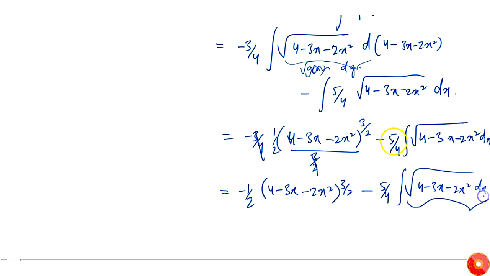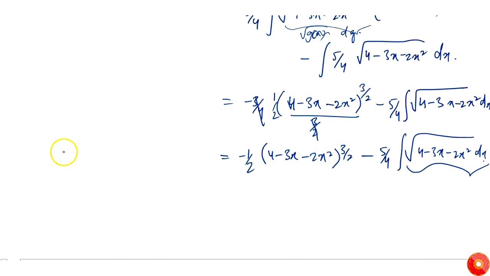Integration of this part I will do separately, which will be equal to integration of square root of 4 minus, so this thing I will write as 2x square plus 2 into 3 into root 2x, so square root of this will be root 2x by 2 root 2, plus 3 by root 2 square is 9 by 8.